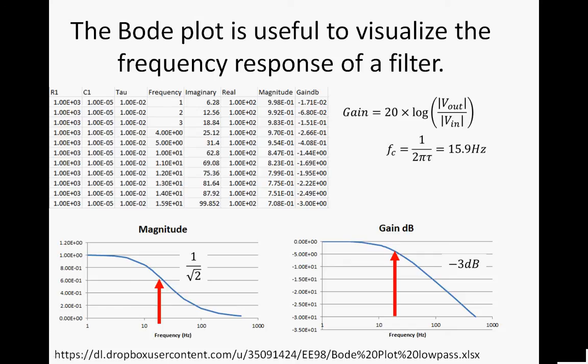So if we look here at a frequency of about 15 hertz, we can see that the magnitude is 0.707, which is 1 over the square root of 2. And on the dB scale, the minus 3 dB point is read at about 15 hertz as well, 15.9 to be exact.